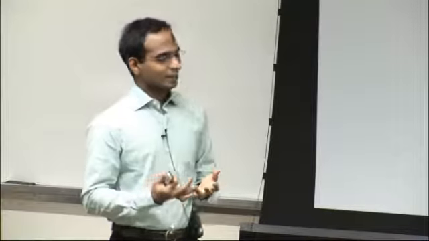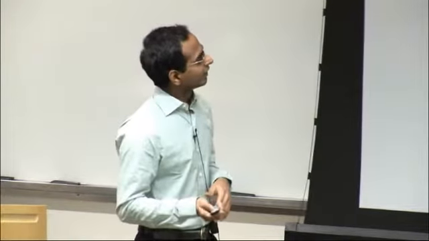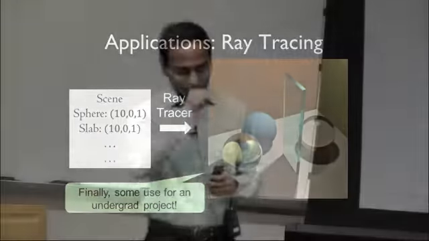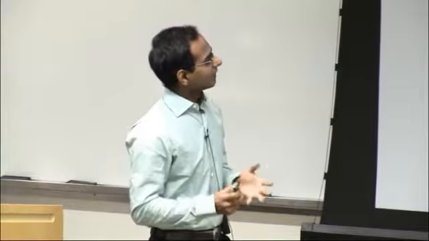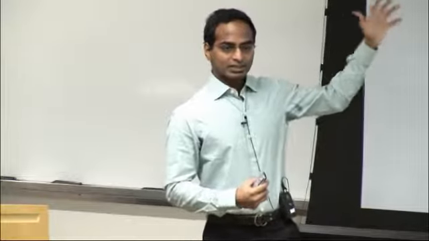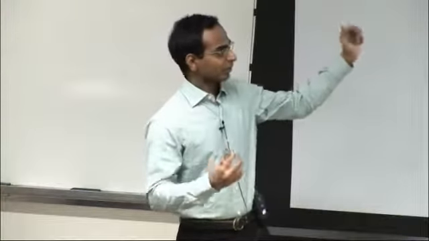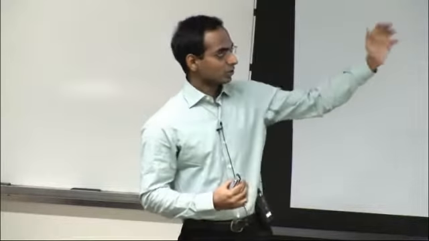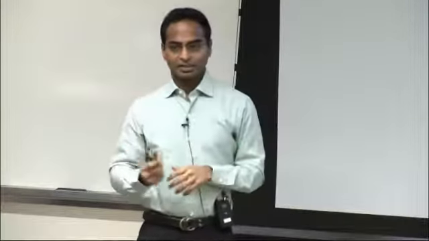So discrepancy minimization and discrepancy theory has many applications, and here I'll talk about one cute application that I like, to ray tracing in computer graphics. Ray tracing is a very nice concept in graphics where you give some textual description of some figure: there's a sphere at so and so coordinates, there's a slab at so and so coordinates, there's a triangle somewhere, and so on.